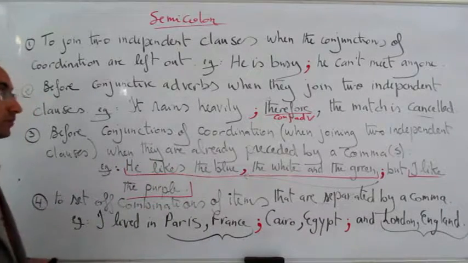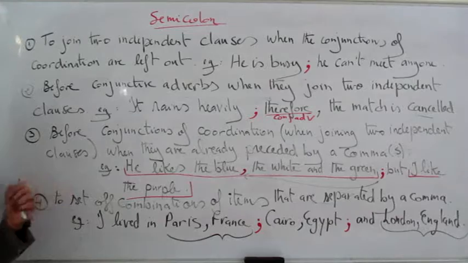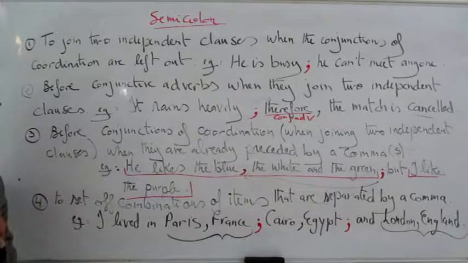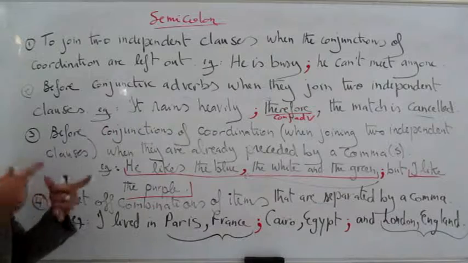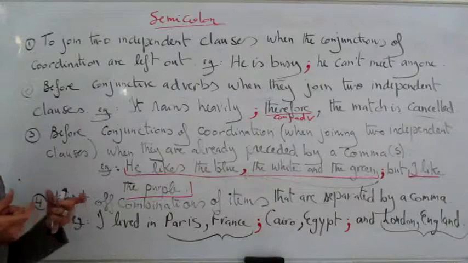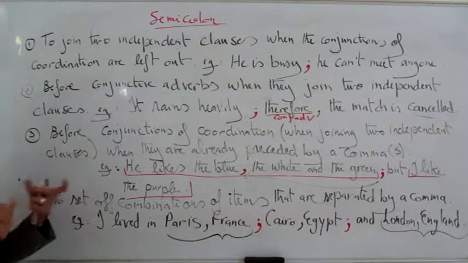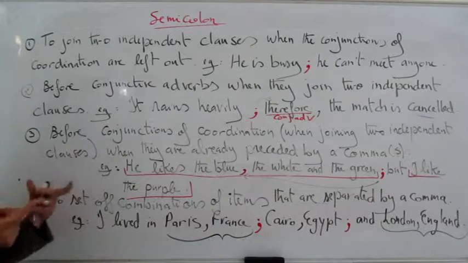Clear? Good. Another also important use we spoke about previously with the comma, when we said that we have these parenthetical expressions, like for example, for instance, additionally, in addition, also, indeed, and so on.